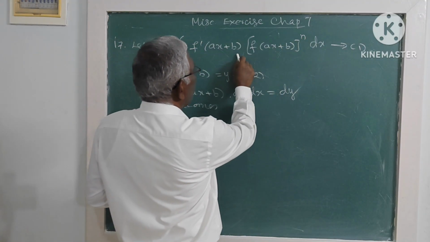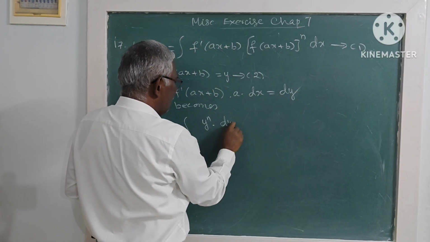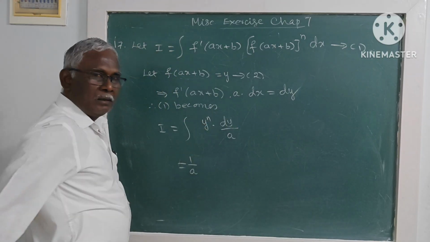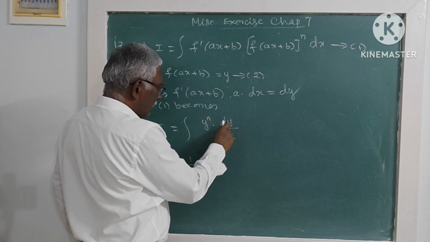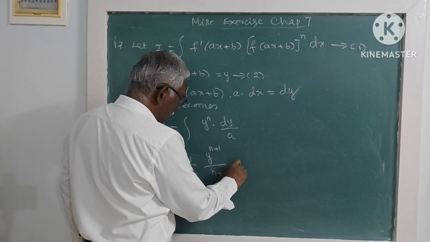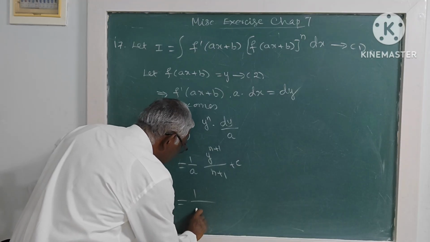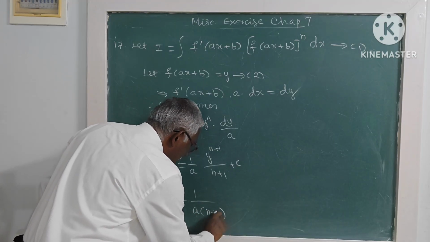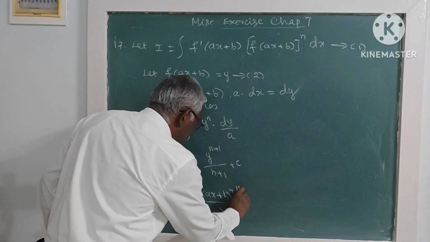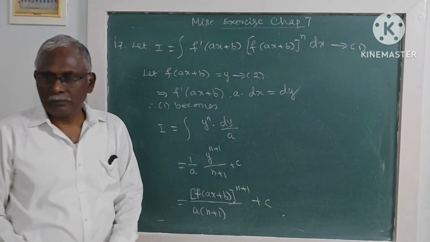Now f dash of ax plus b into dx is nothing but dy by a. So 1 by a, if we integrate y power n with respect to y, we get y power n plus 1 by n plus 1 plus constant. So this is nothing but 1 over a into n plus 1, f of ax plus b power n plus 1 plus constant. So this is the answer.